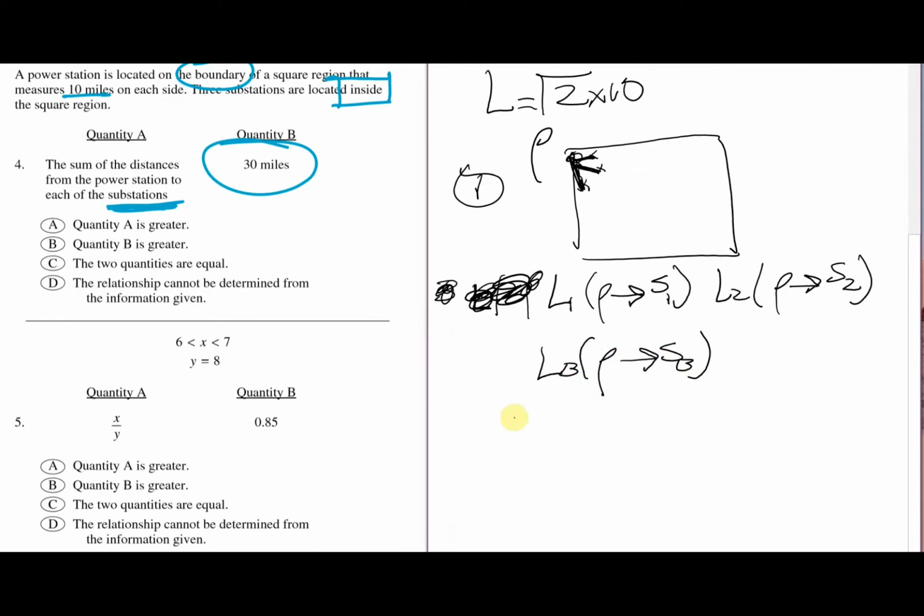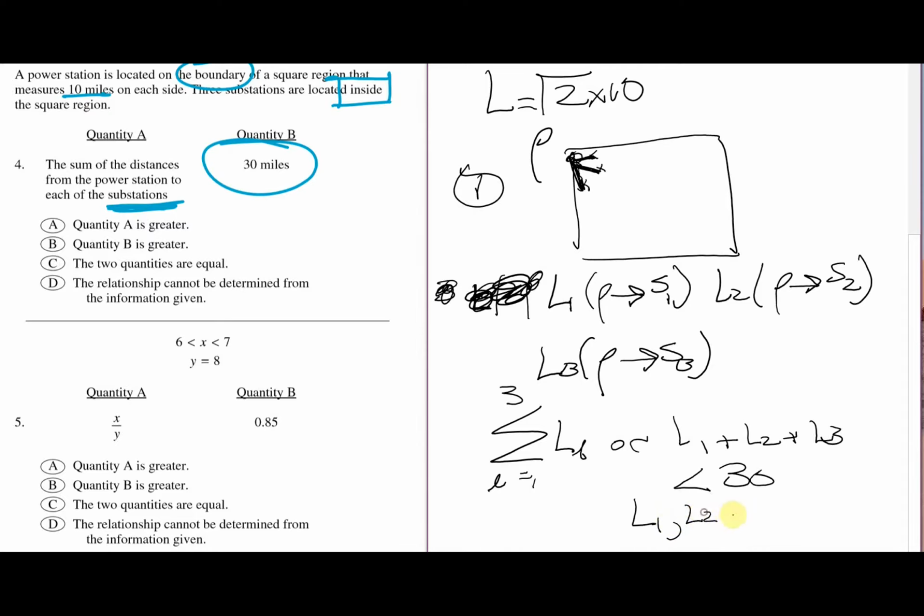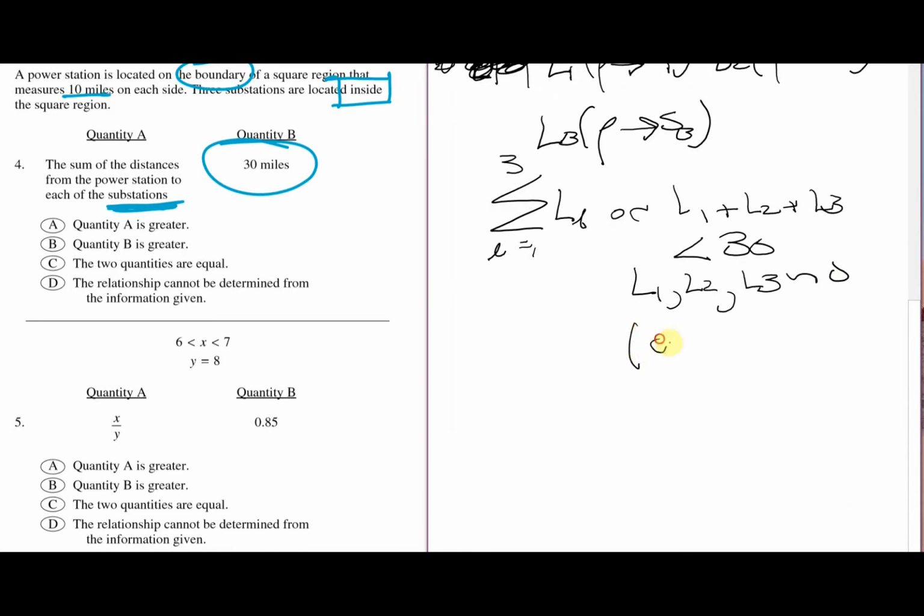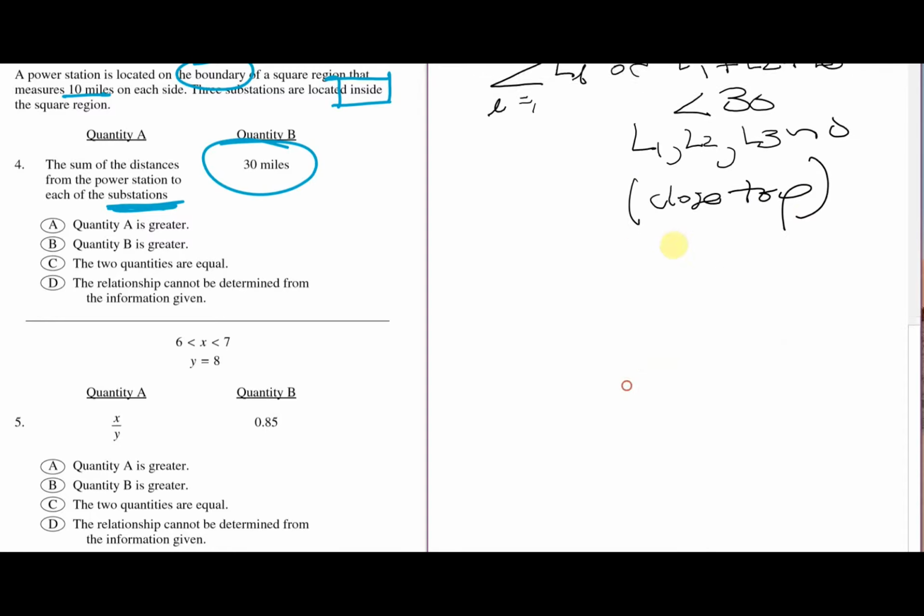So here is the sum of Li from i equals 1 to 3, or L1 plus L2 plus L3, is going to be less than 30, because L1, L2, we can make it such that it is approximately 0, assuming it's close to P, but it's still inside the boundary.